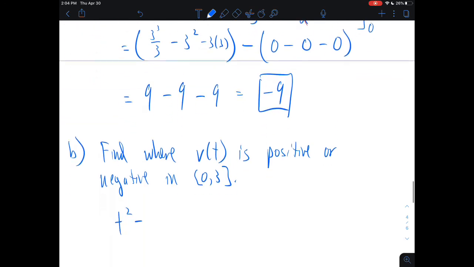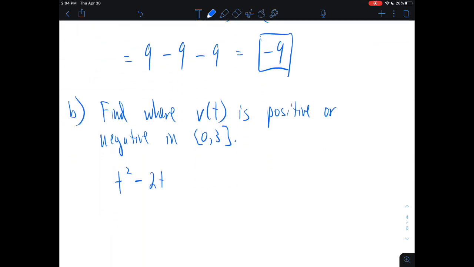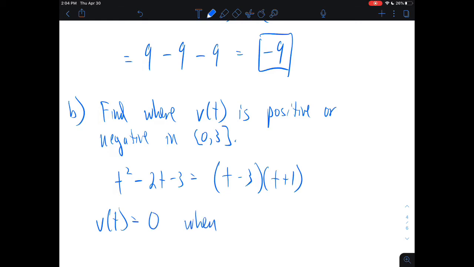So t squared minus 2t minus 3 is the same thing as t minus 3 times t plus 1. So first of all, v of t is equal to 0 when t is equal to negative 1 and when t is equal to 3.